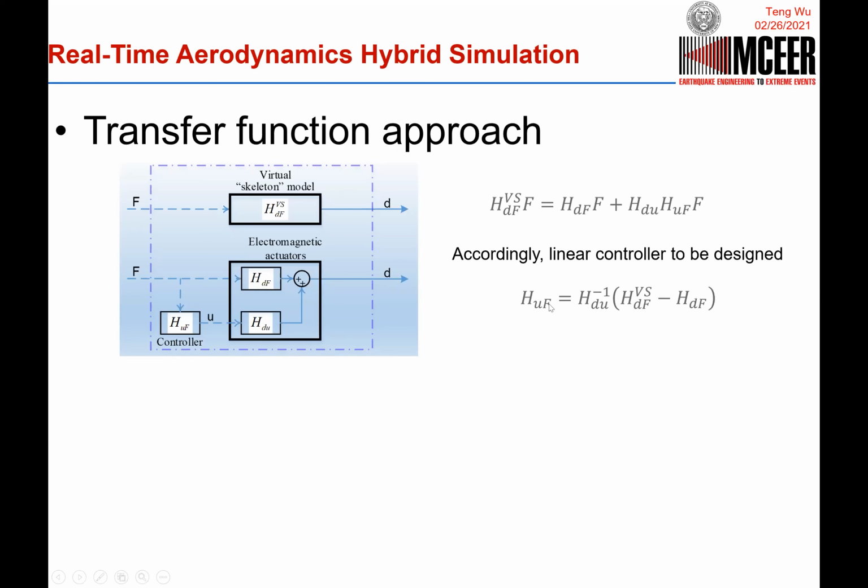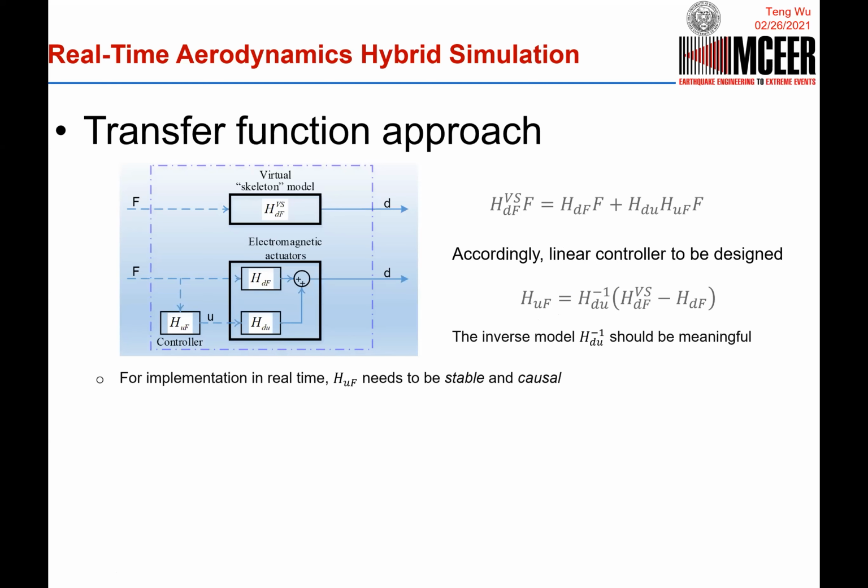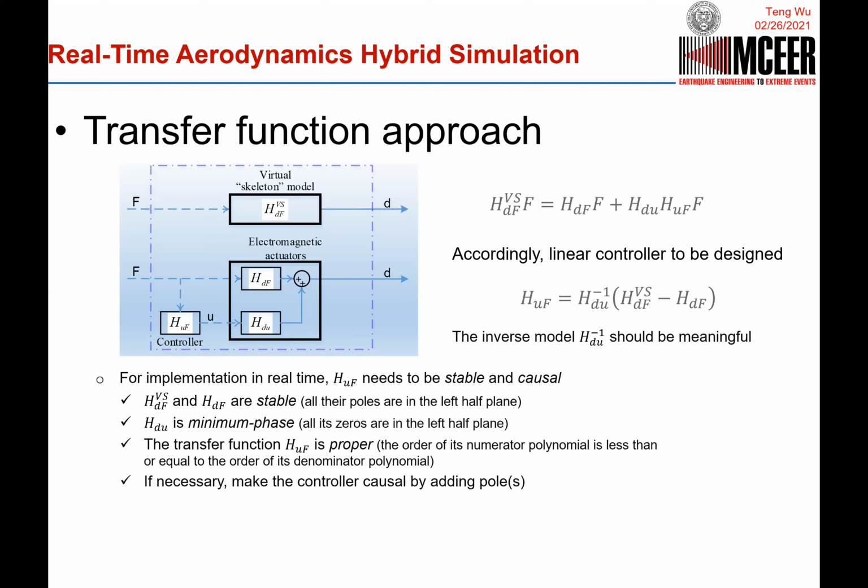Of course, for this linear controller to exist, we want the inverse of the HDU to be meaningful. Also, we need to handle some issues during implementation in real time. That means the controller needs to be stable and causal. There are a number of strategies we have used to make sure this is guaranteed.